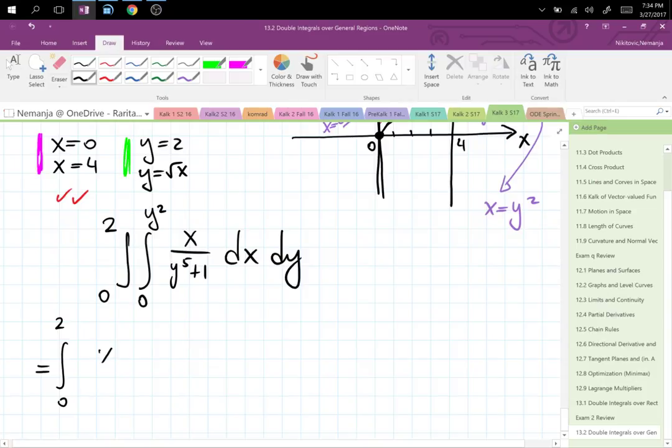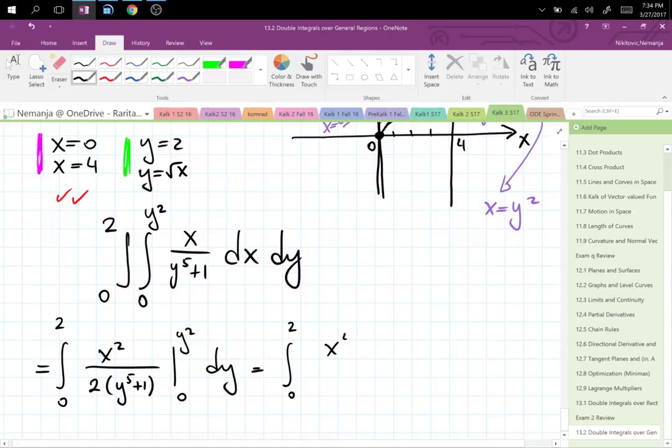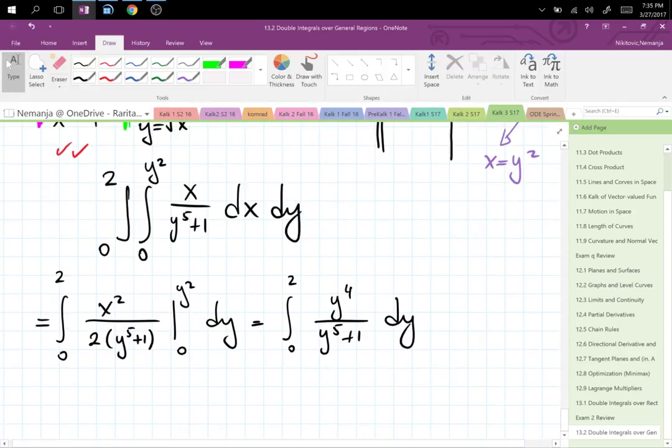So I have x squared divided by 2 times y to the 5 plus 1, from 0 to y squared, dy. And look how beautiful this is: y to the 4th over y to the 5 plus 1 dy, and you hit it with u substitution, and it's done. This is how wonderful this stuff is.